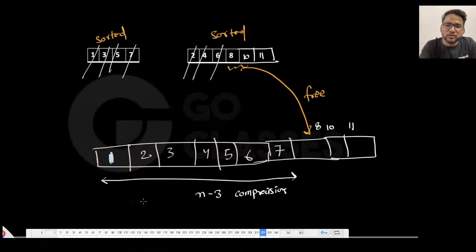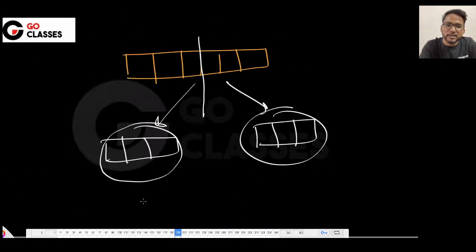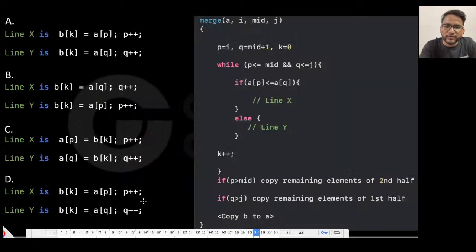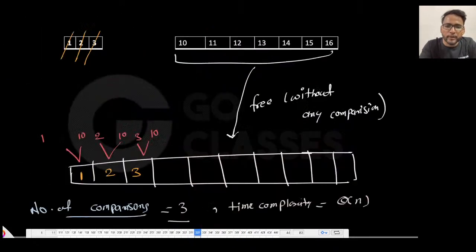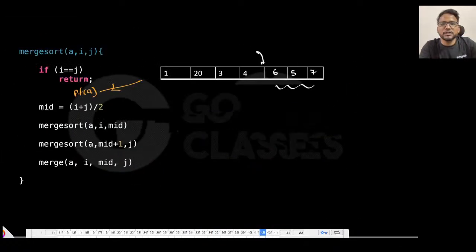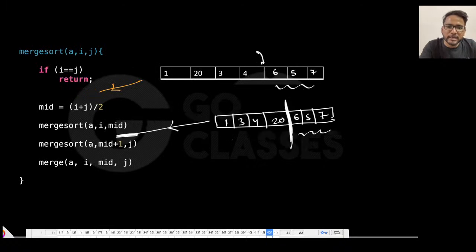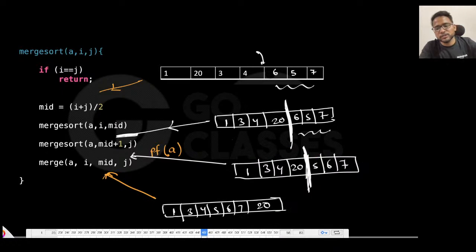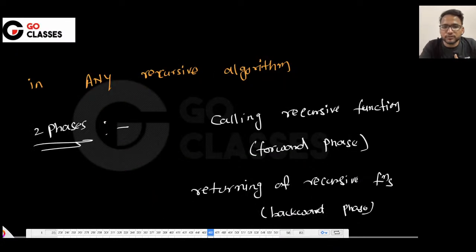We have seen merge sort in good detail, how it looks at every step. This was one of my favorite topics, where I told you how it looks at every step. Here it looks like this, then here it looks like this, like that, right? So now we have understood merge sort very clearly, and we have solved questions.